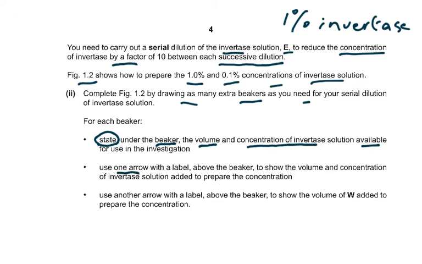Then use one arrow with a label above the beaker to show the volume and concentration of invertase solution added to prepare the concentration. Use another arrow with a label above the beaker to show the volume of W added. So you should read this question very carefully, underline the keywords, and then proceed as you go along.